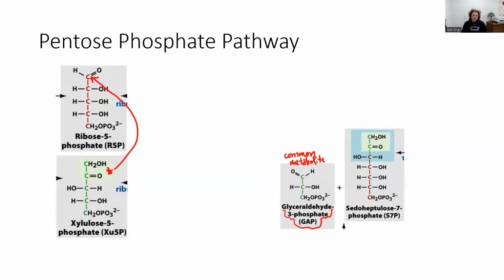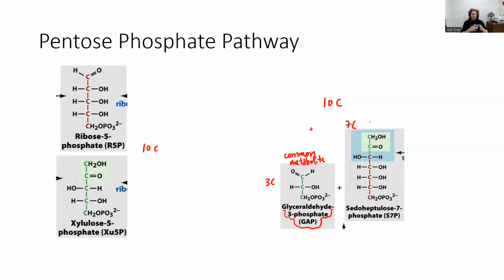Now, what I think is really important is to think about how many total carbons you have between these 2 compounds, ribose 5-phosphate and xylulose 5-phosphate. It's helpful to think about the relationship between those. Well, they are isomers of one another. Between these two, we have 10 carbons. Between a 3-carbon glyceraldehyde 3-phosphate molecule and a 7-carbon acetoheptulose 7-phosphate molecule, you also have 10 carbons.